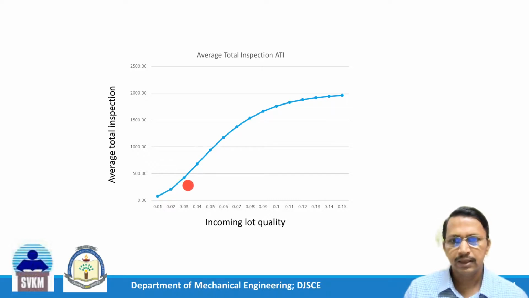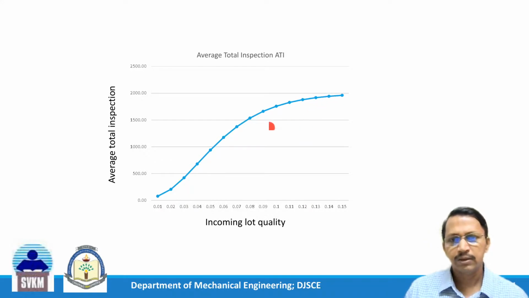You can see here incoming lot quality is taken on the x-axis, and on the y-axis you have the average total inspection values, and we join these points, and that will give us the average total inspection curve. As inferior lots are coming, the number of pieces inspected is going to get more and more.